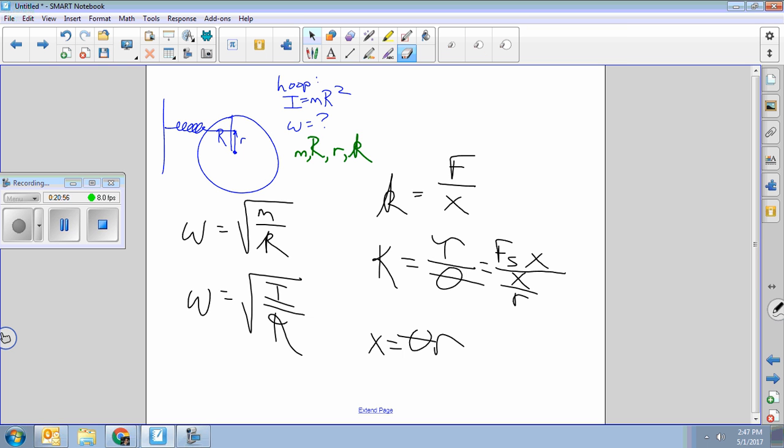All right, so we're getting there. I'm glad that 7 days before the AP test we're doing this. All right, so what do we got, you guys? If I simplify this, doesn't this give me Fs, the x's cancel, times r?